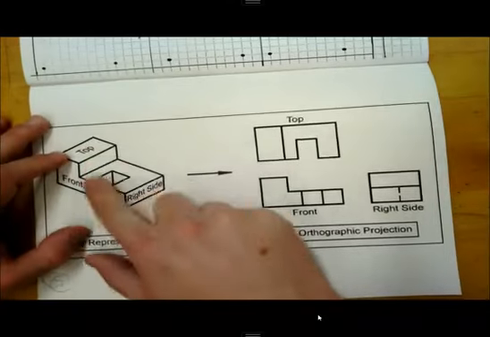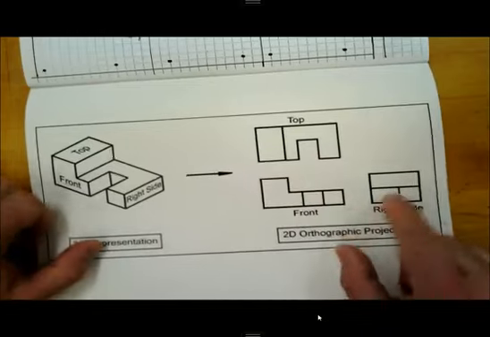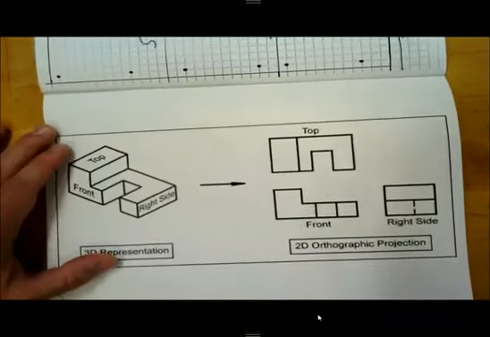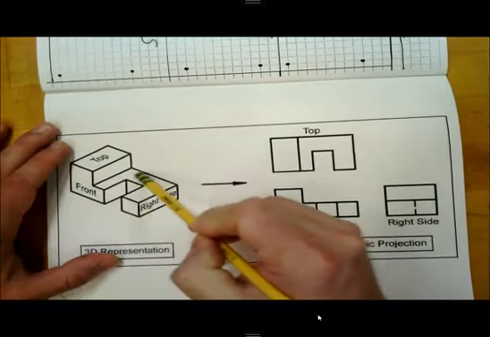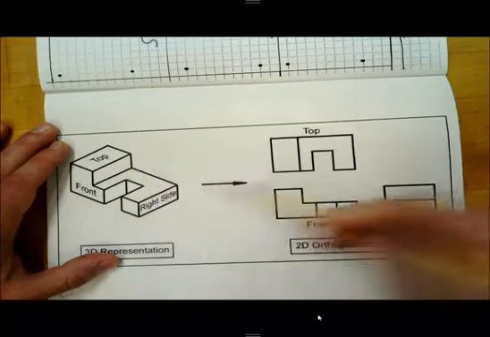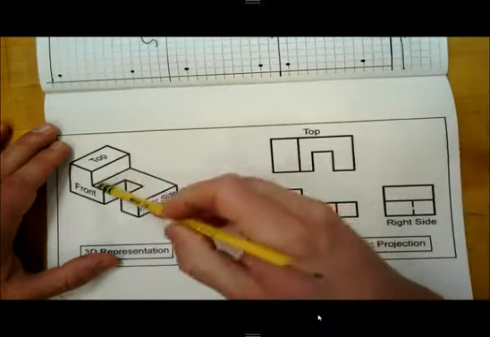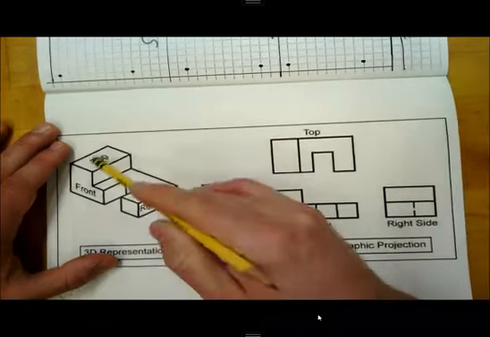That means we have a top, a front, and a right side. My top sections, this right here, and then this section right here, can be seen here. It makes kind of like an N shape here. You see this N that's there, and then a rectangle here, a rectangle there.